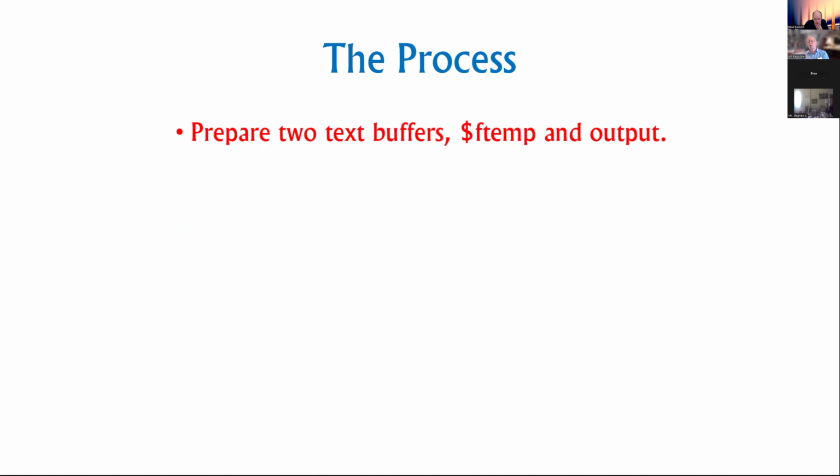So to be able to use REPRESENT, the first thing is you need two text buffers. The first is $F temp, and in Win32 in the hidden vocabulary, there's a couple of internally used text buffers that are allowable. And then for output, I use PAD.